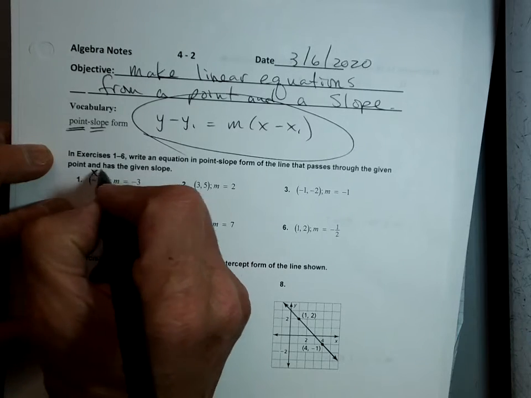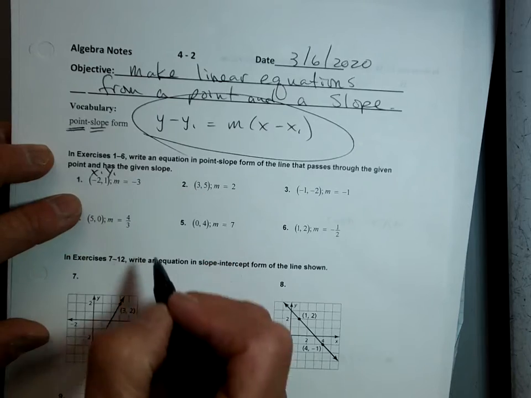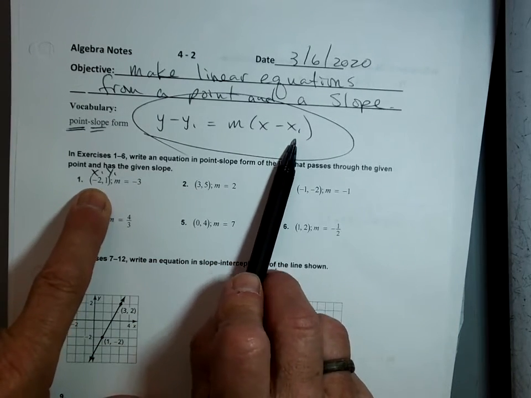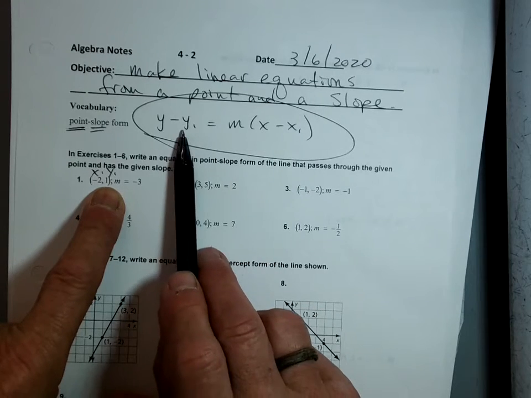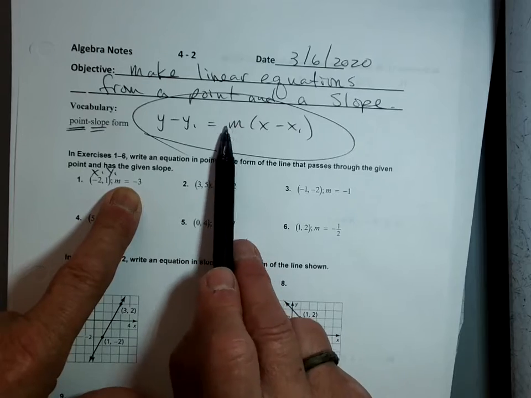Negative 2 is my x1, 1 is my y1, right? So my negative 2 is going to go right there, and my 1 is going to go right there. My negative 3 for my slope is going to go right there.